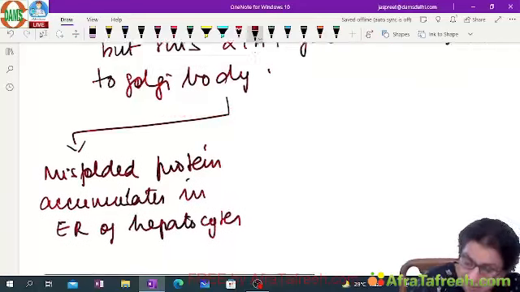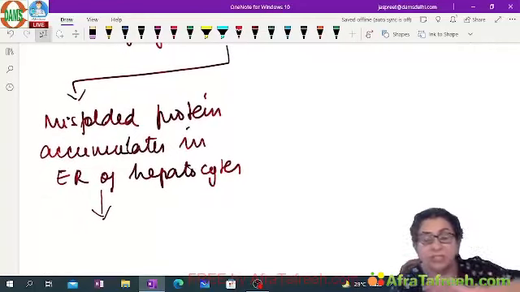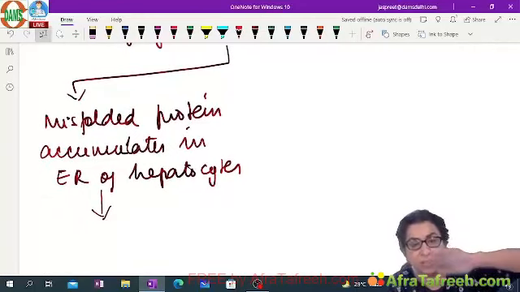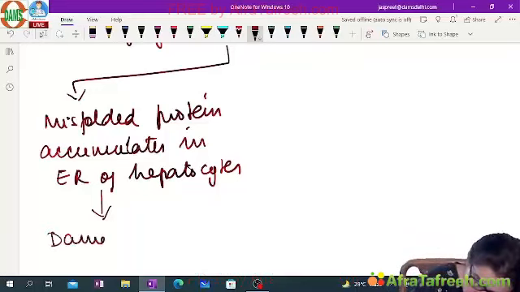It accumulates in the cytoplasm of the hepatocytes and causes damage to the liver.